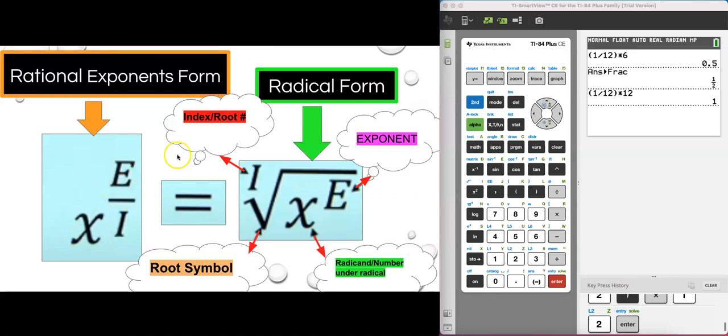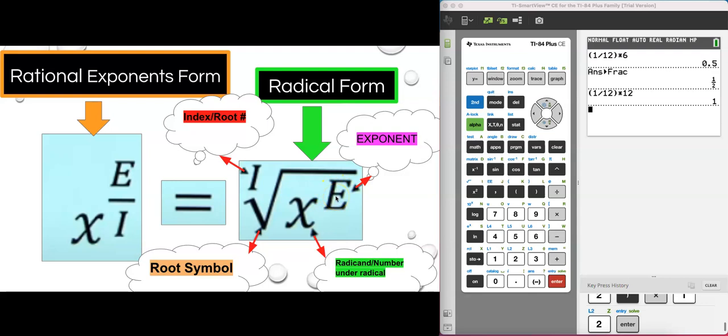Then we have the radical, where we have a square root and the index number, that small number that sits up top of the radical. We also have the number under the radical, called the radicand, but it's not important that we remember that. Just know that the number under the radical is there, and it is raised to some type of exponent.